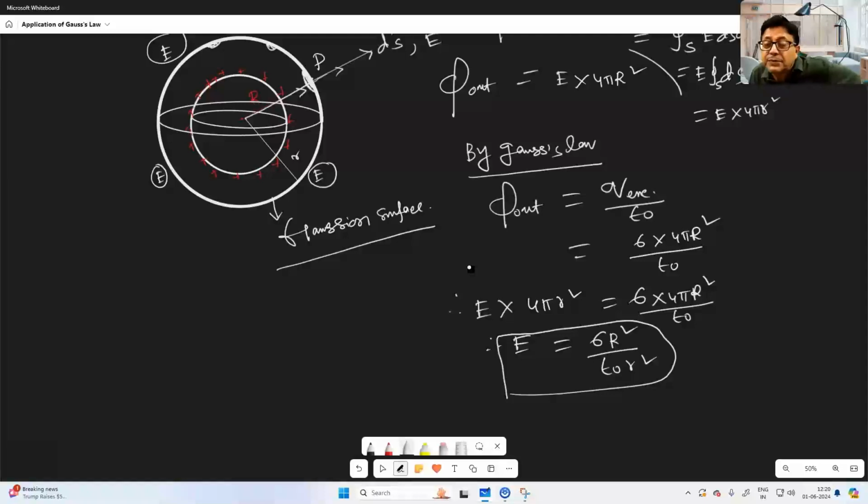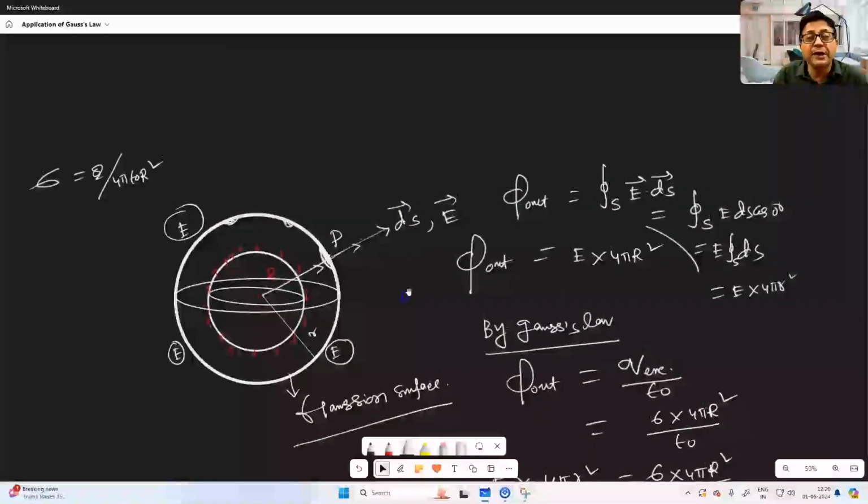Okay? So E out is proportional to 1 by r square when r is greater than R. If r is equal to R on the surface, you get this E out.